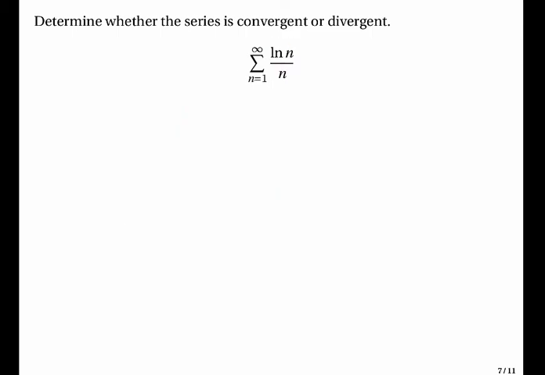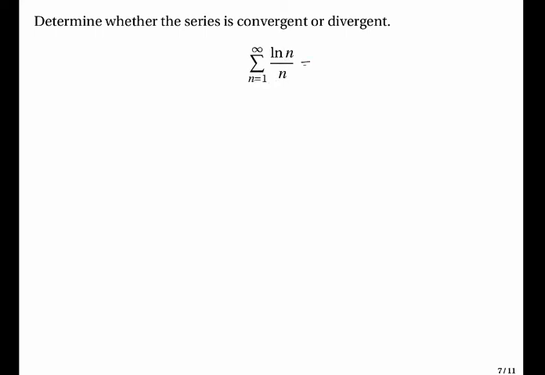Let's look at our next example. We want to determine whether the series sum from n equals 1 to plus infinity of ln of n over n is convergent or divergent. An obvious series that we can use to compare this with is the harmonic series, the sum of 1 over n. But before we use that, let us expand this a little.